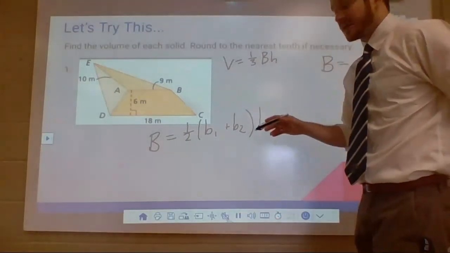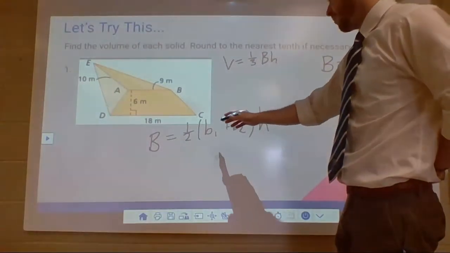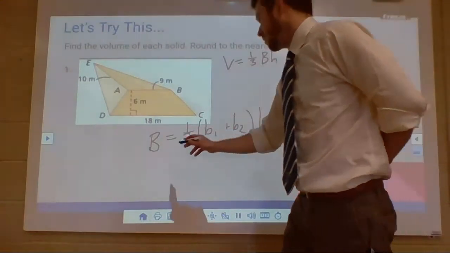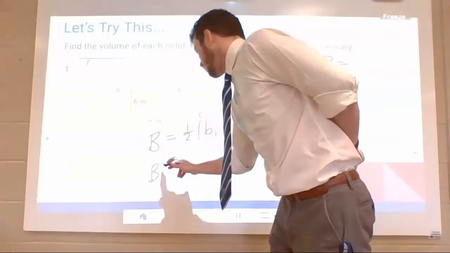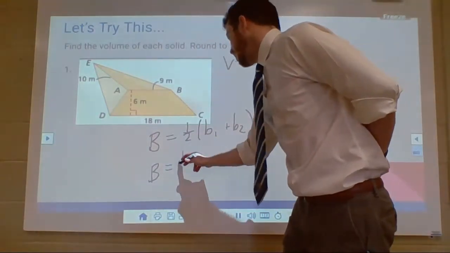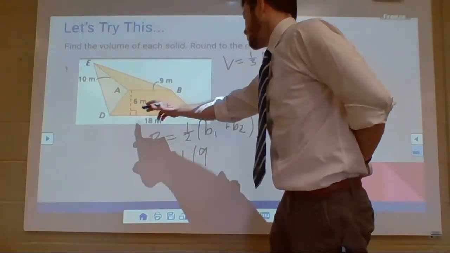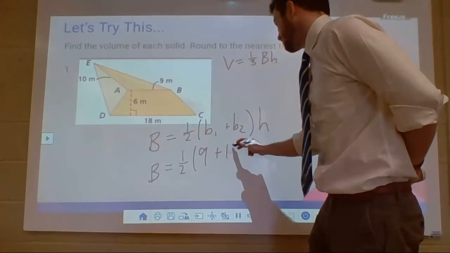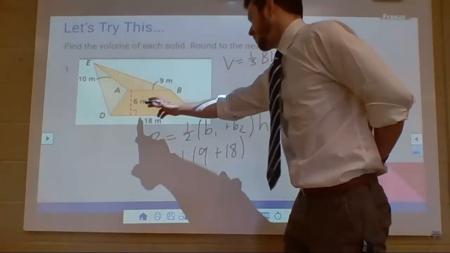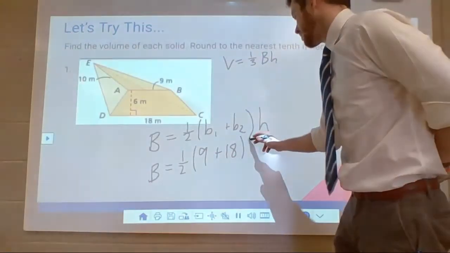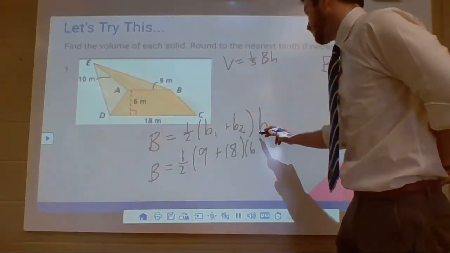All right, so now let's substitute in for base 1 and base 2 and the height. So the area of the trapezoid is 1/2 times base 1 is 9, base 2 is 18, and the height of that trapezoid is 6 meters.